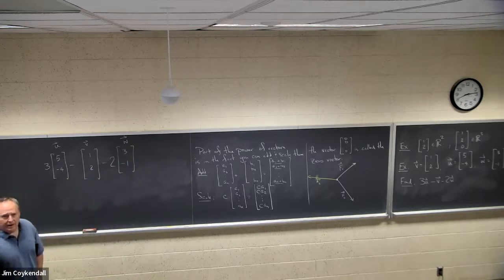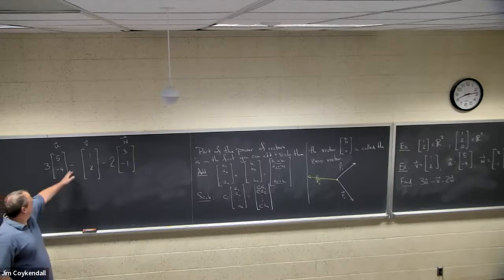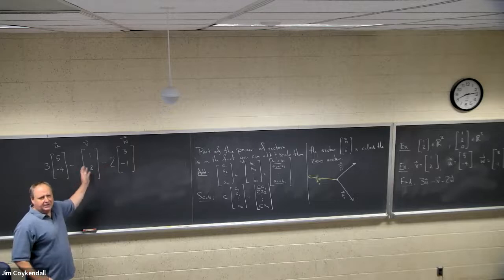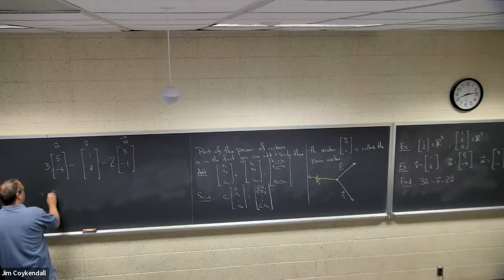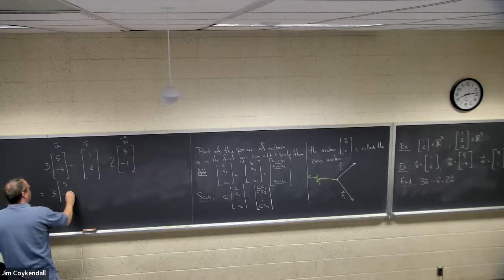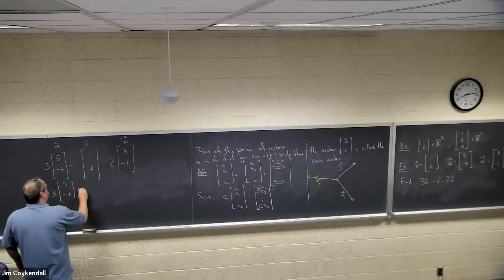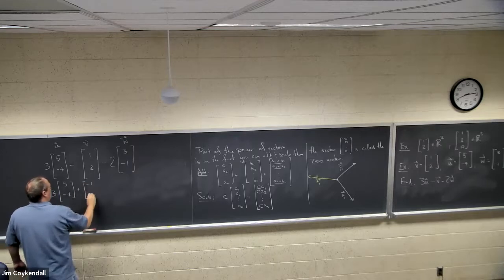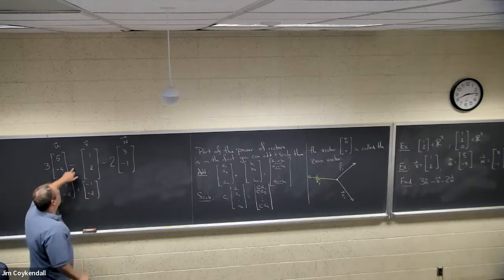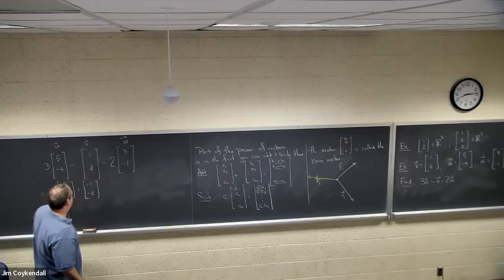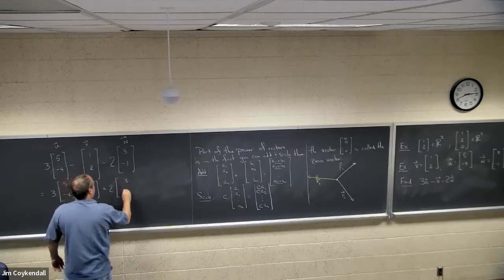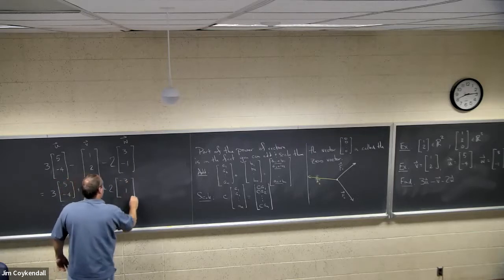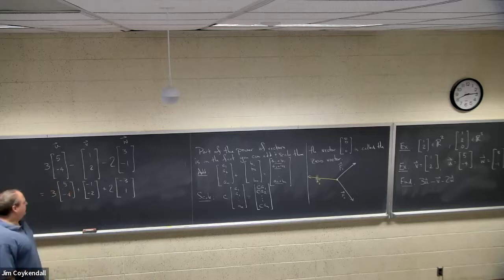Everybody okay so far? Let me point out that subtraction right here is really addition of the negative, right? So let me write it this way. 5, minus 4, plus minus 1, minus 2. Pull that minus in there, but I scaled it. And I pulled the minus in on that as well.